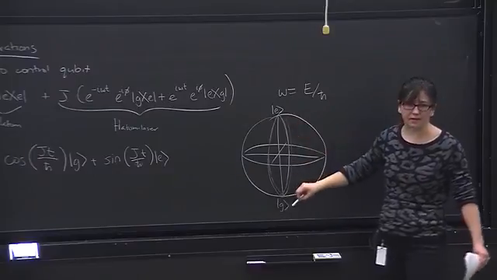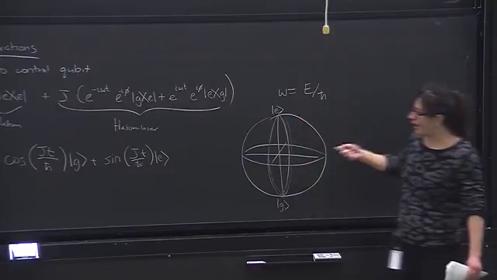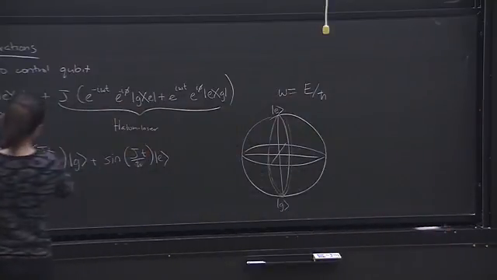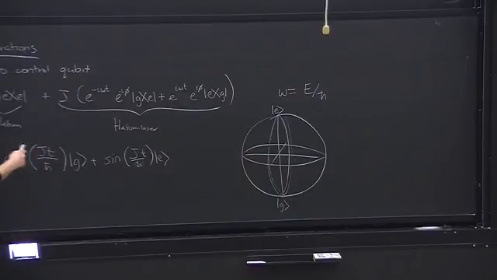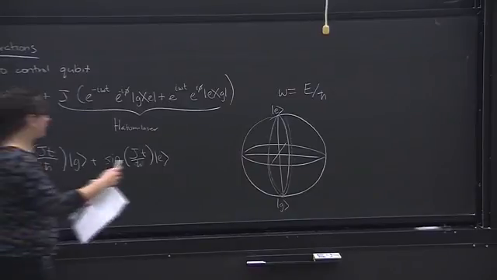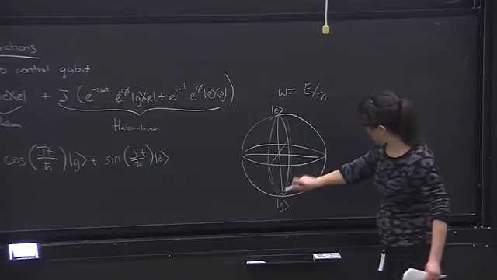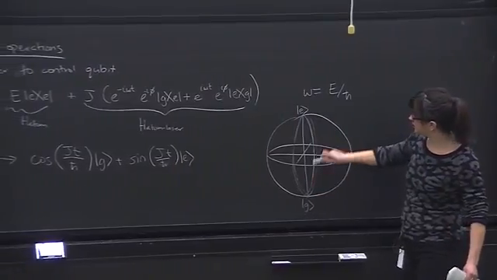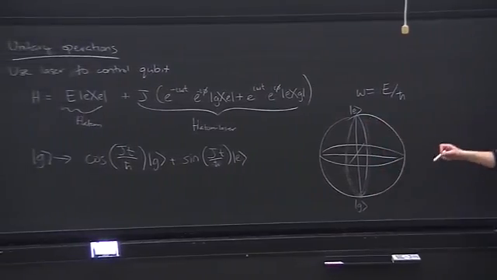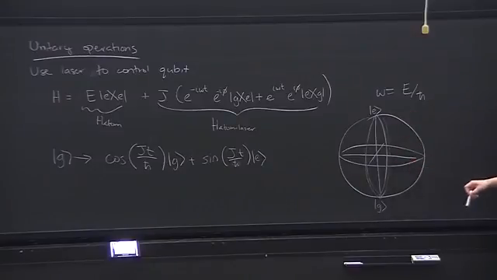And so just by picking the strength of the laser and the time correctly, you can do something like a pi over 4 rotation or a pi over 2 rotation and so on. So you can do any of those rotations.